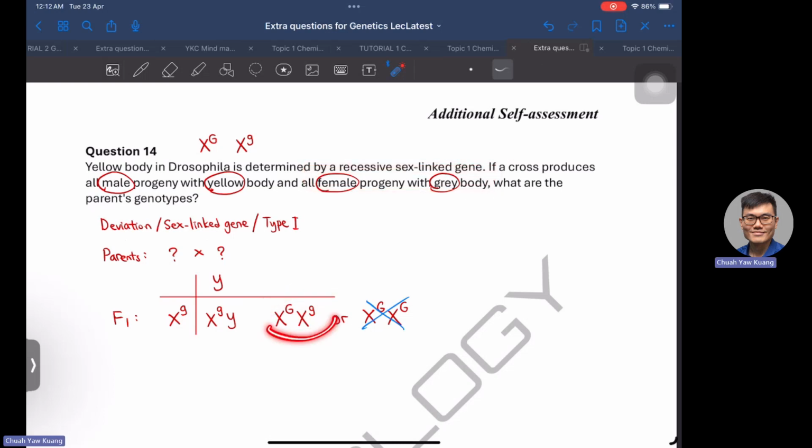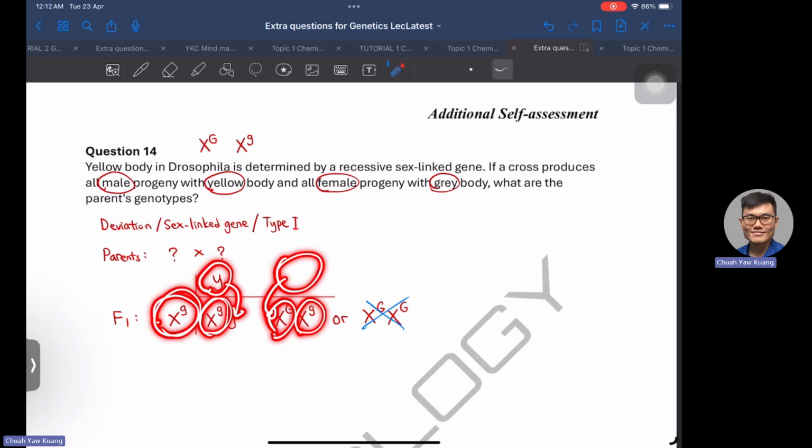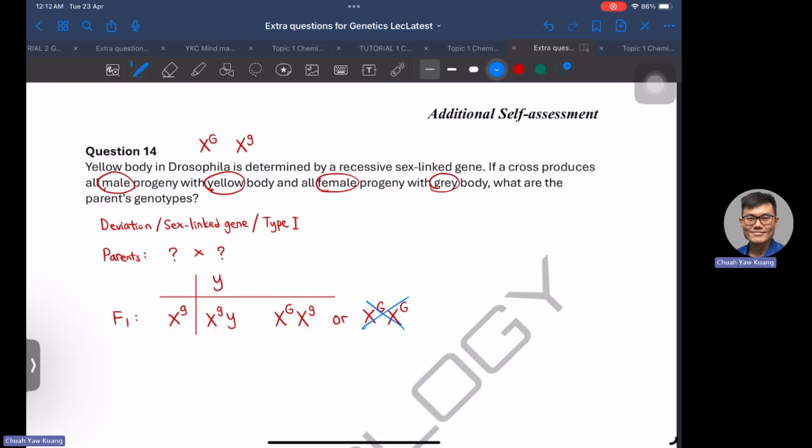So who gives this dominant? It must be from this parent, because the other parent will give the recessive X small g and the Y, and the dominant X G must come from this parent.